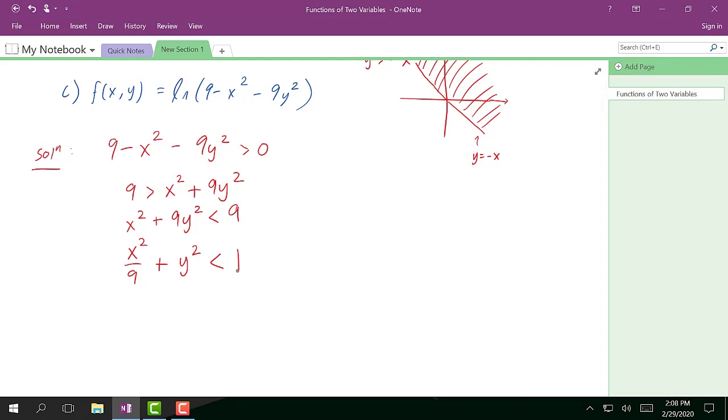Okay, and so hopefully you remember what this looks like. This is going to be the graph of an ellipse. And if you wanted to write it, you could do x over 3 squared plus y over 1 squared less than 1 to see that the graph that we get is going to be an ellipse. It's going to be a horizontal ellipse, I suppose.